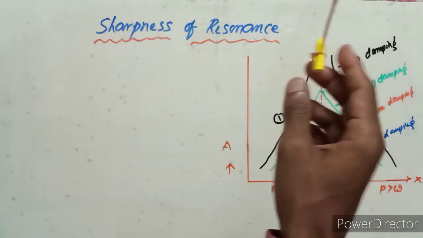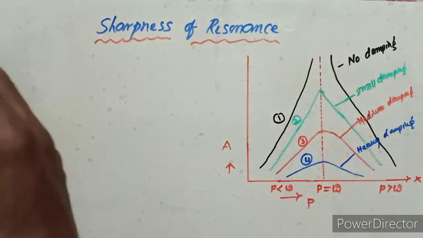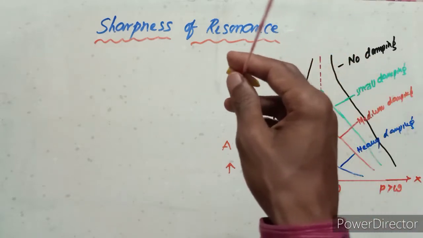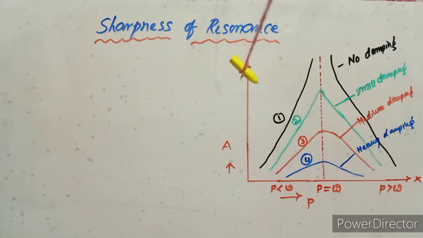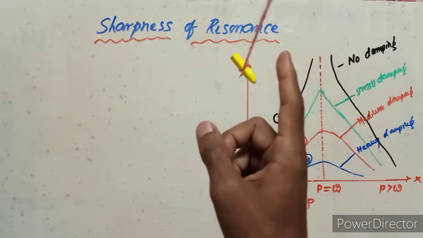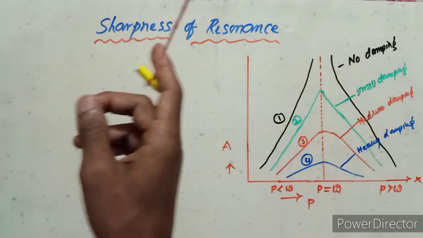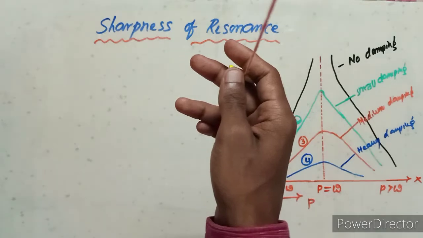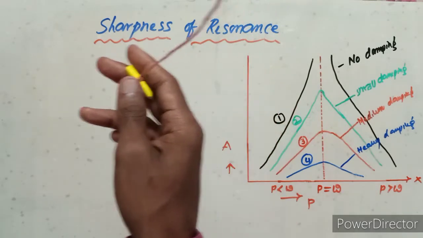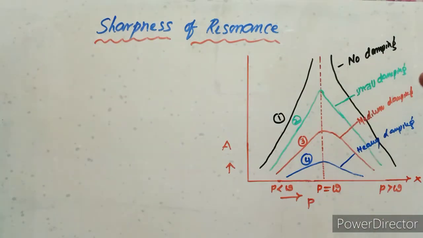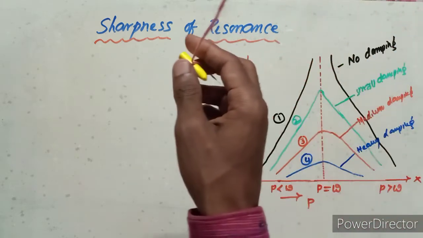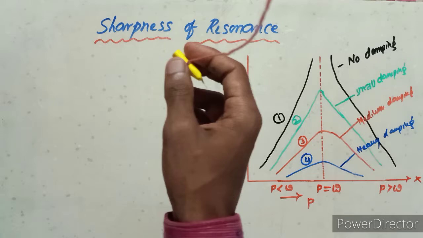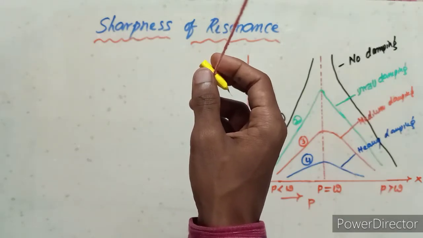This is forced oscillation, forced vibrations. Generally we observe the maximum displacement, then it reaches the mean point, then maximum displacement after the mean position.